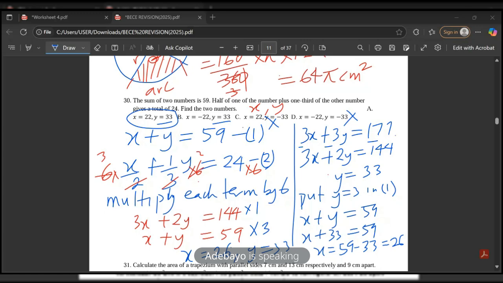Sir, the formula for variation. Variation has no formula. It just has interpretation. There's no formula for variation. If you have any question that you want me to solve for you on that, you can come up with it, so I will solve it for you, inshallah.